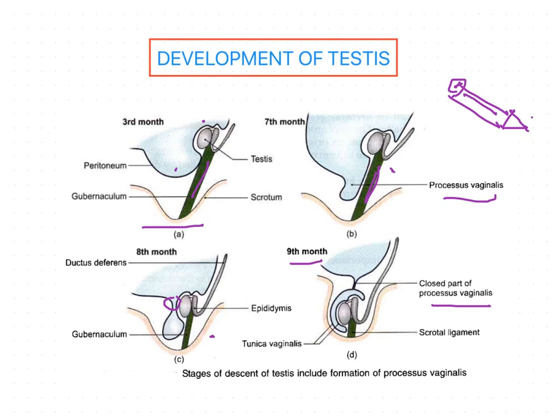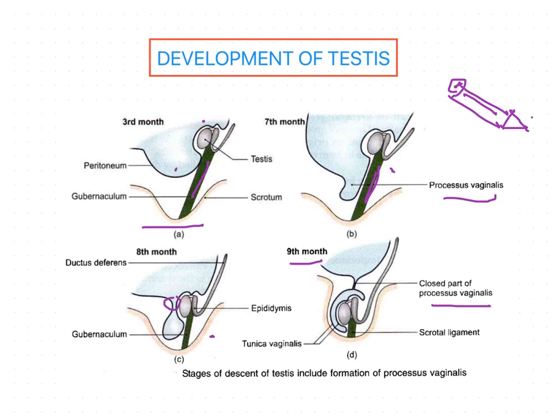There is also an opinion that segments of the gubernaculum which support the testis at its upper end undergo mucoid degeneration from above downwards, and the testis just glides into the scrotum passively. Okay, and after descent, some part of the gubernaculum remains in the testis, which is known as the ligament of the scrotum.